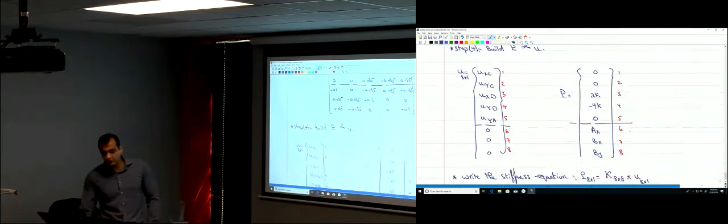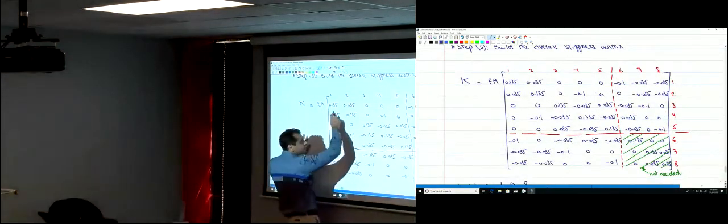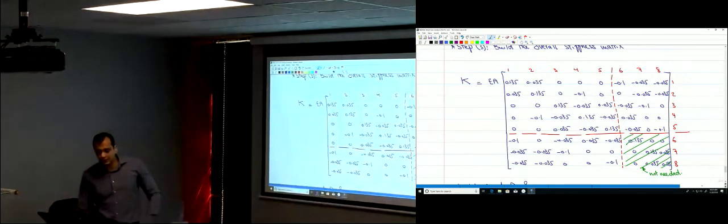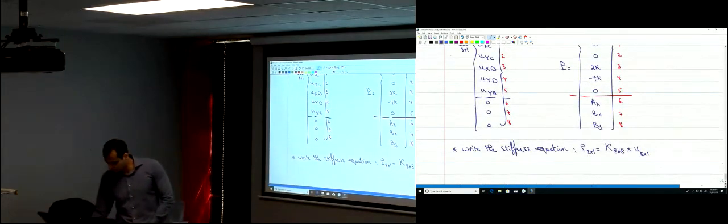How to solve this? First, you solve the first 5 equations. Just P, which is known, the first 5 are known, equal to this 5 by 5 multiplied by the 5 displacements. You just use your calculator to solve this, okay? So solving the first 5 equations, you will be able to find the displacements.